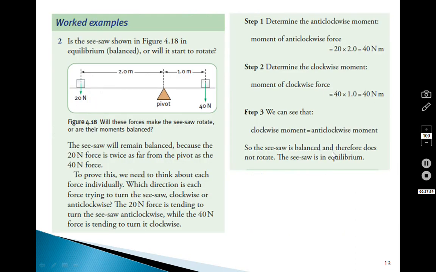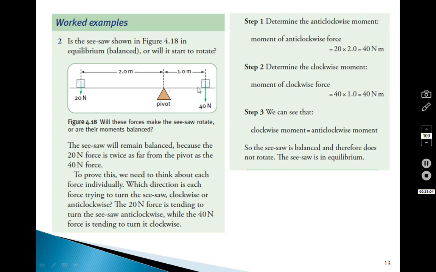Now we will do some worked examples to make those things more clear. In your textbook, I don't know the page number, worked example number 2, see this figure here. This is the seesaw, and this is the pivot here.